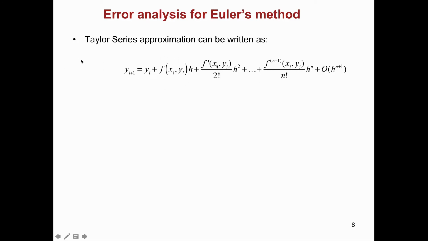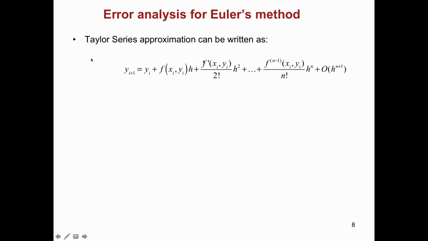So this is the Taylor series. If there's any calculus thing that we're using all over again, it's the Taylor series formula. So this is again y of x_{i+1}, this is y of x_i, and this is dy/dx at x_i. Okay? So this would be the Taylor series, and then it keeps going in terms of the order.